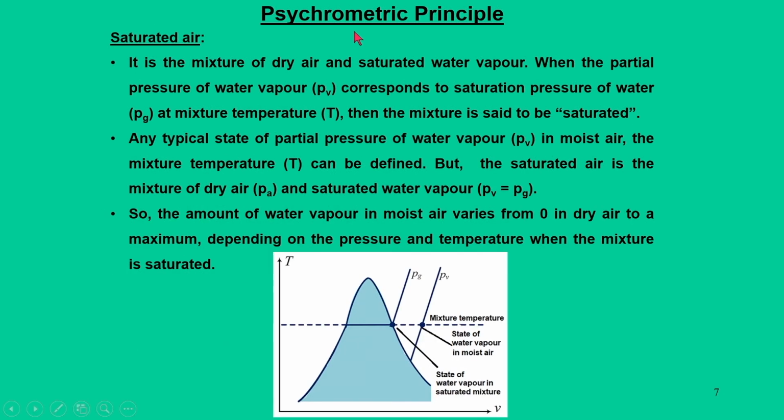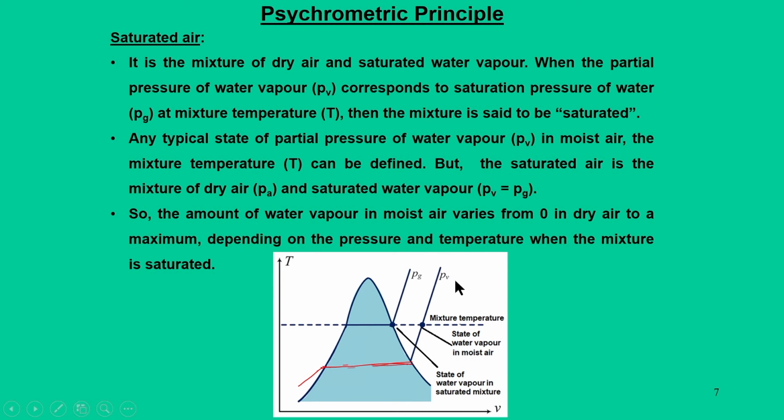Then moving on to the next principle, what we call saturated air. Now, when you talk about moist air, that means water vapor is present in it. So, for such a system, if you take water as a pure substance and recall our temperature volume diagram, in that diagram we can draw constant pressure lines in this manner. One such line is Pv, that is the partial pressure of vapor, the vapor pressure Pv.